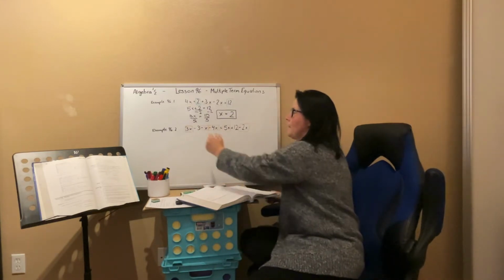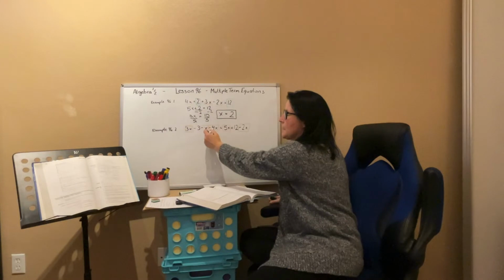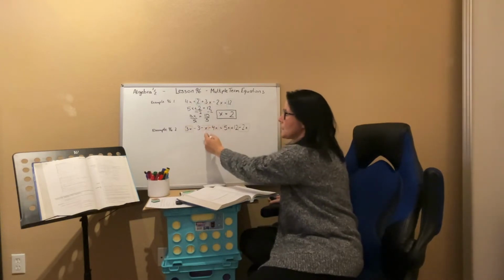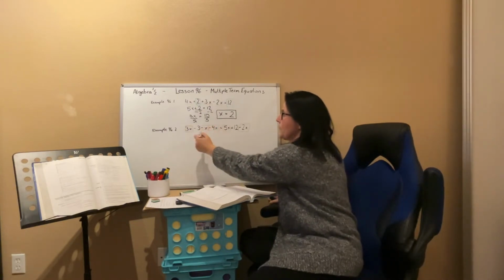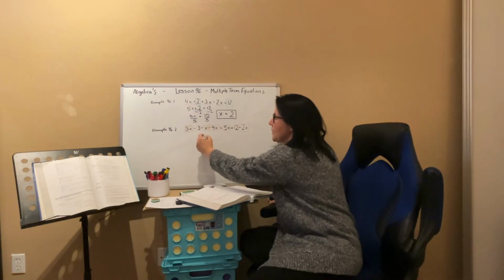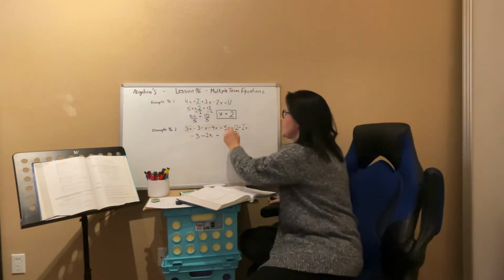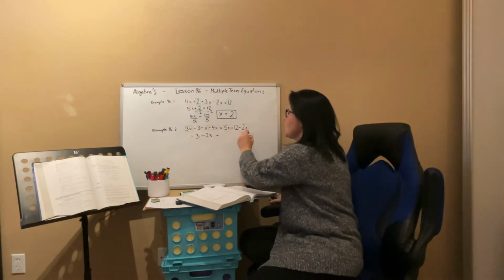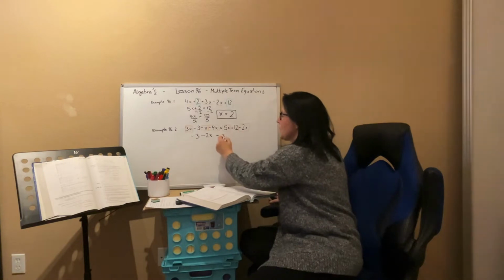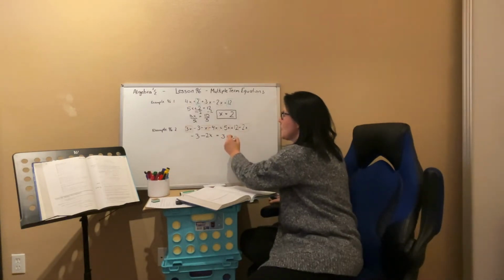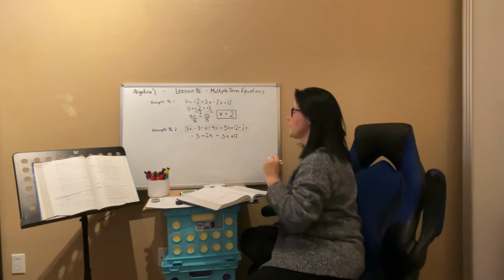So here I have 3x minus x, makes it 2x, and then 2x minus 4x, that's going to make it negative 2x. And then we have a negative 3 that's still there. Then on this side, I have 5x minus 2x. That gives me 3x on this side, and I have a plus 12 left.